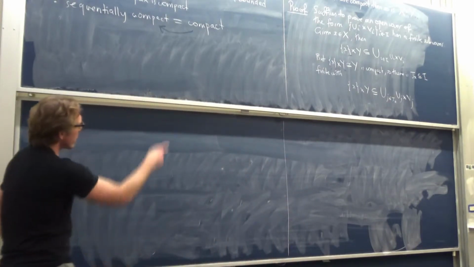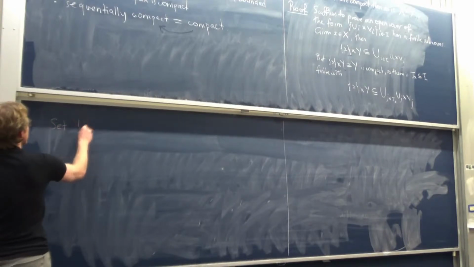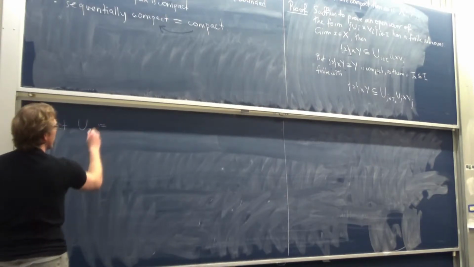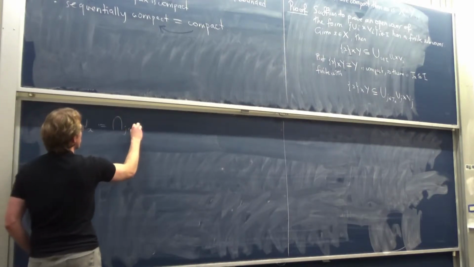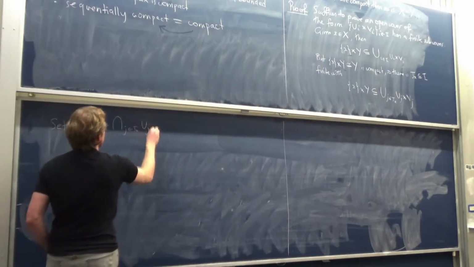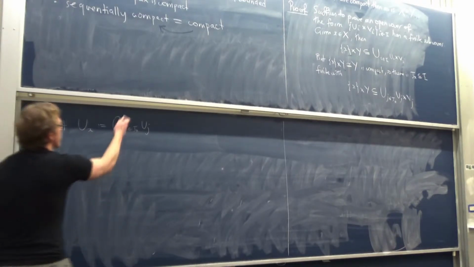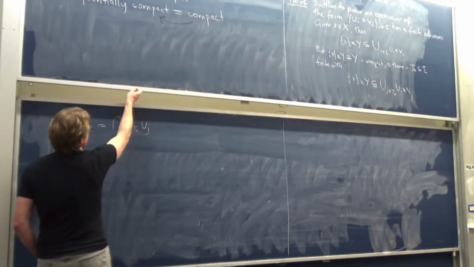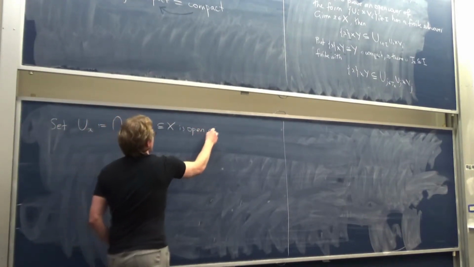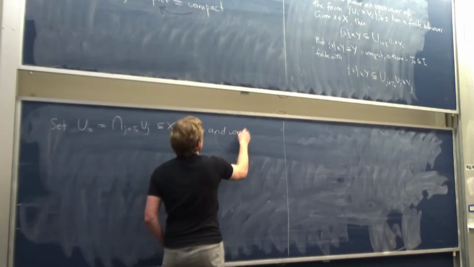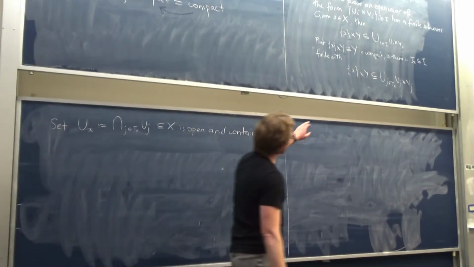All right, but there's finitely many of those J's. So what we can do is define Ux, dependent on x, to be the intersection of all the Uj's. That's a finite intersection, so that's open. And it contains x, right?